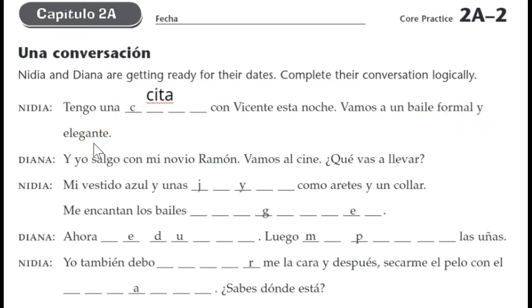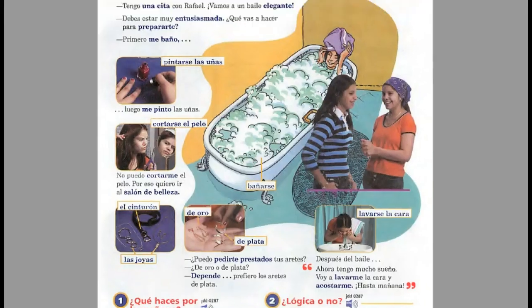This is very close to your vocabulary. All you have to do is look at your vocabulary here, everybody. This is all you have to do. Look at it, and then you're basically just copying things down. Tengo una cita con Rafael. All that changes the boy's name. Una cita. You see how that is? So it makes it very easy for you.